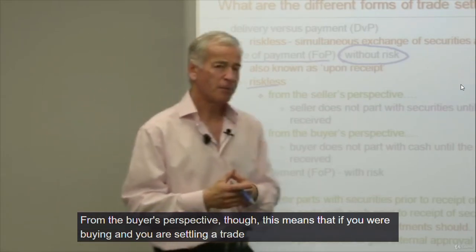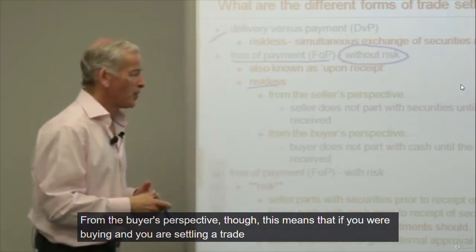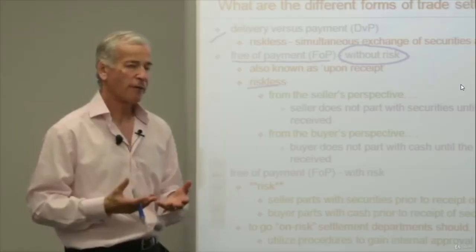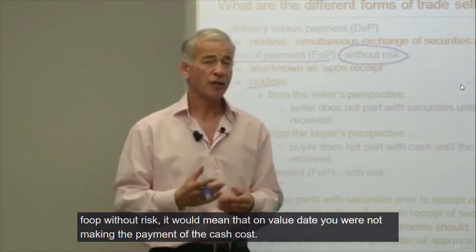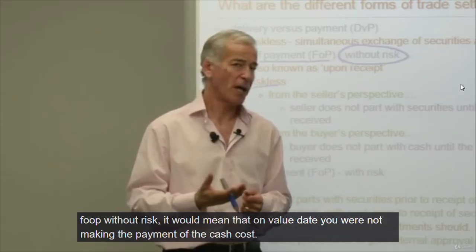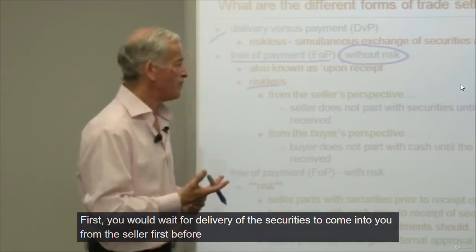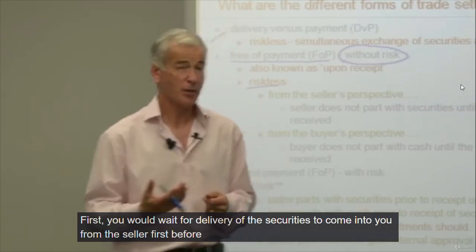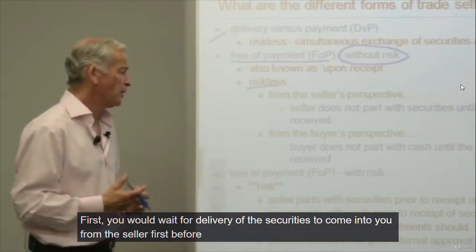From the buyer's perspective, though, this means that if you were buying and you were settling a trade FOP without risk, it would mean that on value date you were not making the payment of the cash cost first. You would wait for delivery of the securities to come into you from the seller first, before you then make the payment.